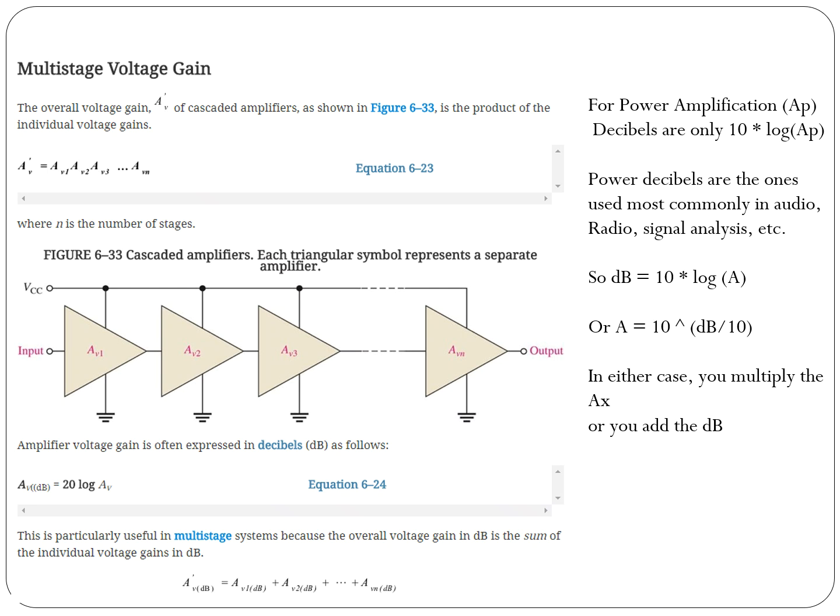So this is important for audio circuits, radio circuits, signal processing. That was one of my areas of specialty. So if you're in the decimal system, you multiply those gains. If you're in decibels, you add those gains.